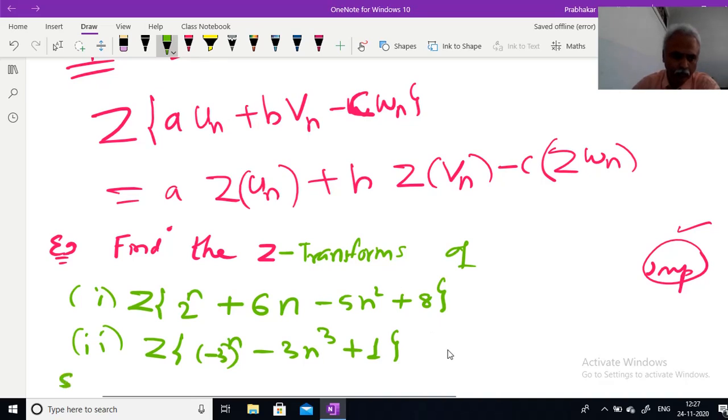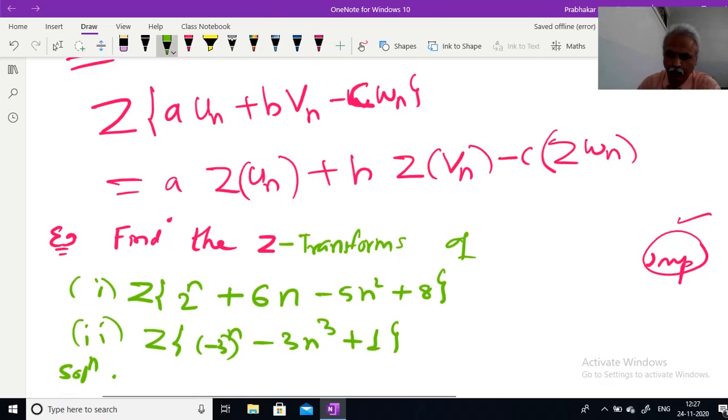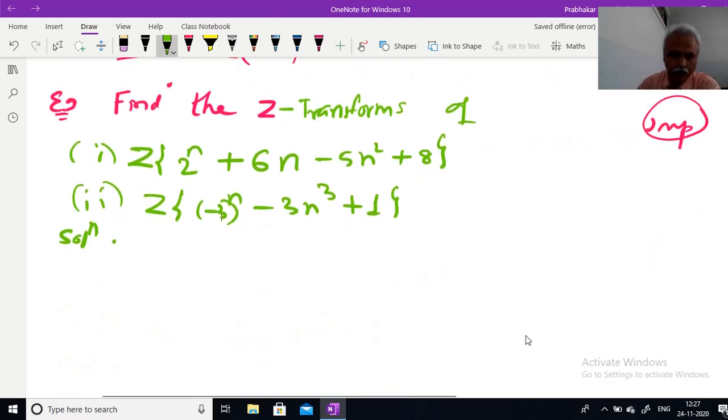So how do you find the solution of this? First you consider the left hand side.